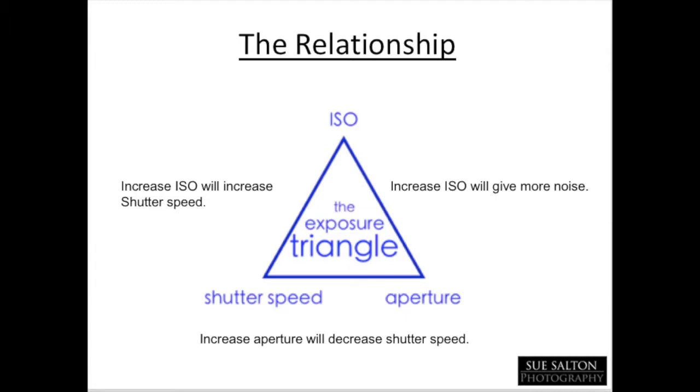Altering any one of these three will really get you to the same position. So just think about this triangle, because it is kind of obvious when you actually sit down and think about what these three things do.